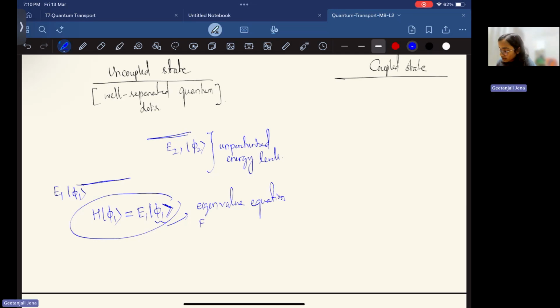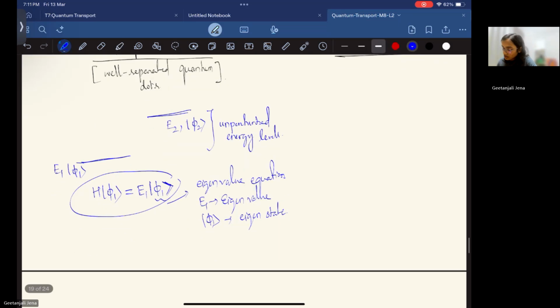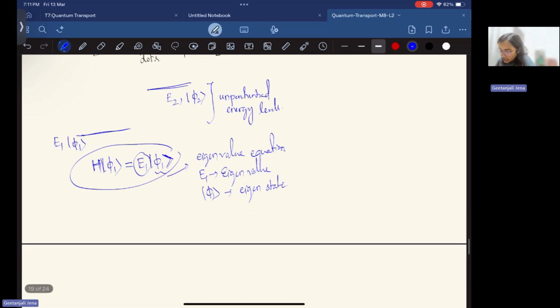And E1 is the eigenvalue, and phi 1 is the eigenstate. So that means when we operate the Hamiltonian operator on phi 1, it gives the energy of this quantum dot 1, and it keeps the wave function state or the eigenstate unchanged.